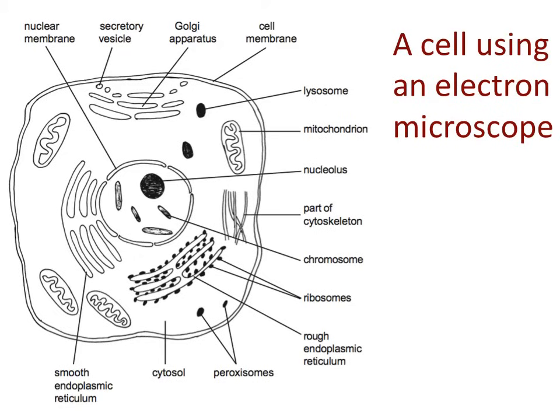And lysosomes are used in the process of intracellular digestion, that is, digestion within the cell. And the digestive enzymes in the lysosomes break up large complex molecules into smaller ones using the process of hydrolysis. And these hydrolyzing types of enzymes split large molecules up by adding hydrogen and oxygen.